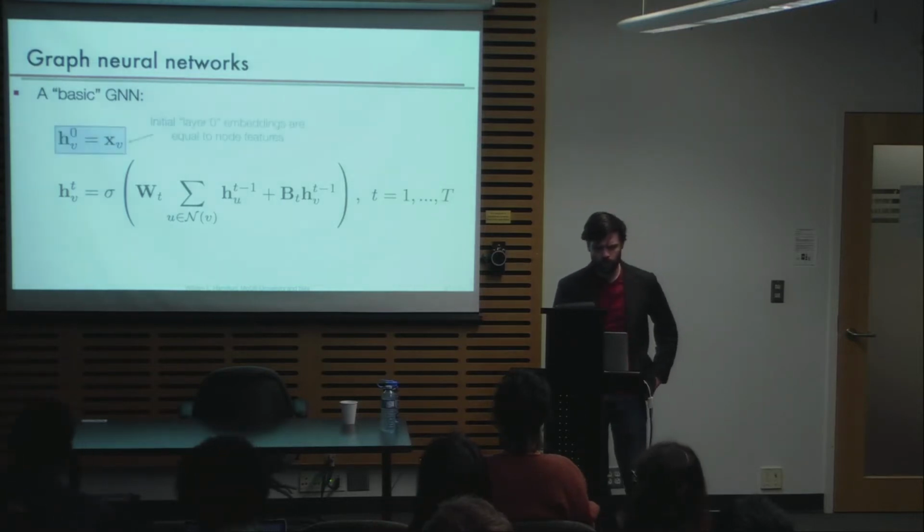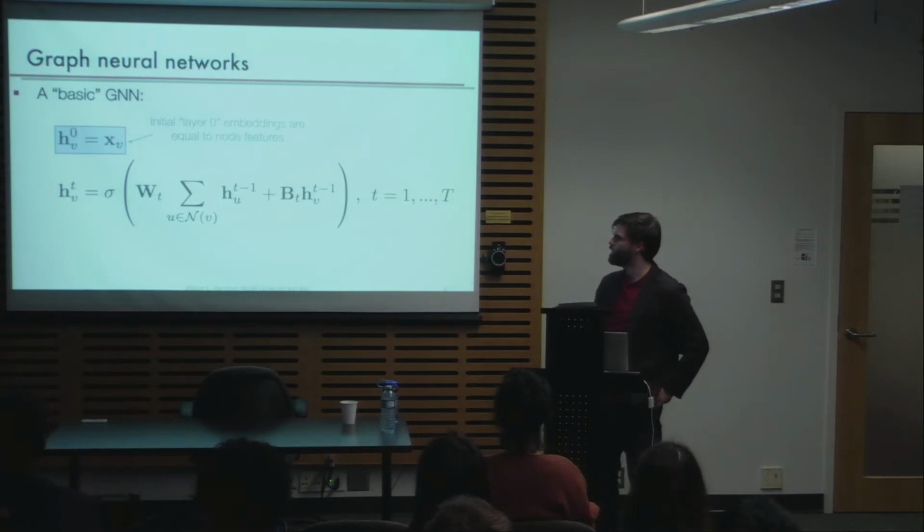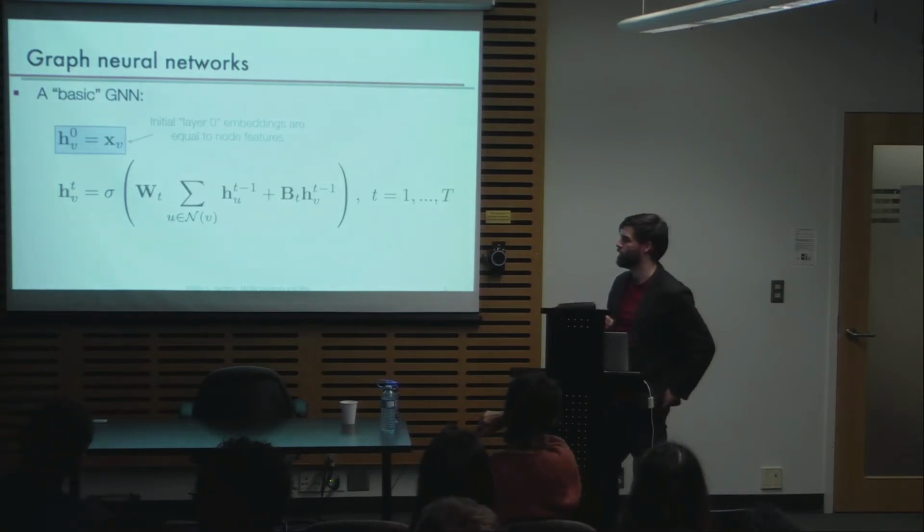So the idea here is that we're going to initialize some hidden representations H for all of our nodes, equal to the input features X that we have. We initialize our 0-layer embeddings for every node as being these input features.